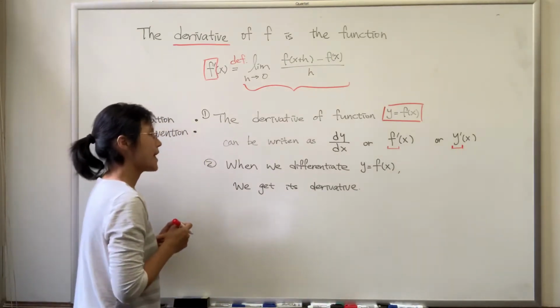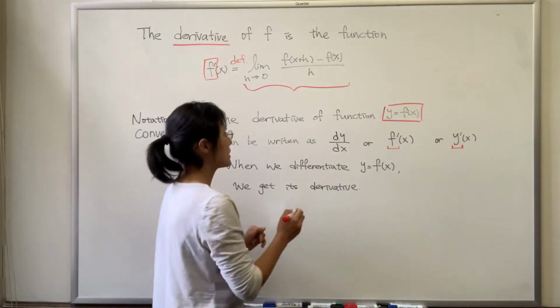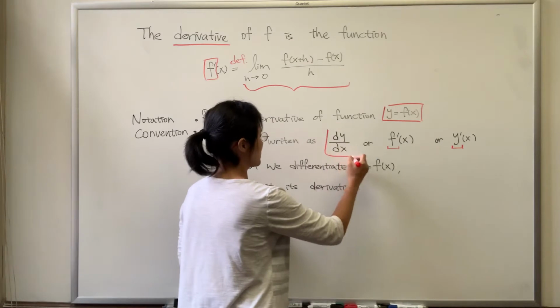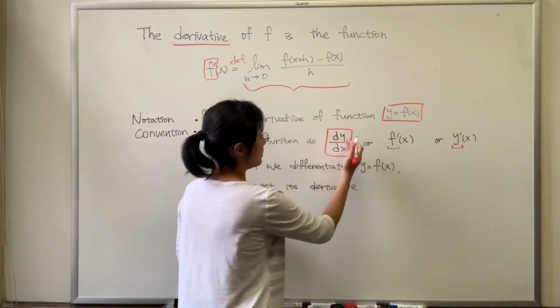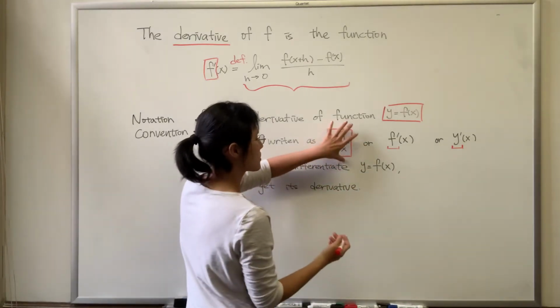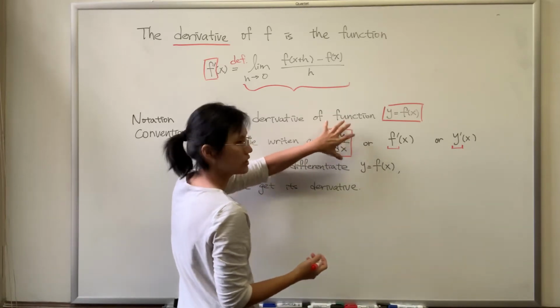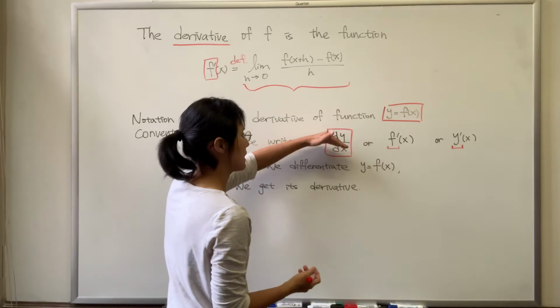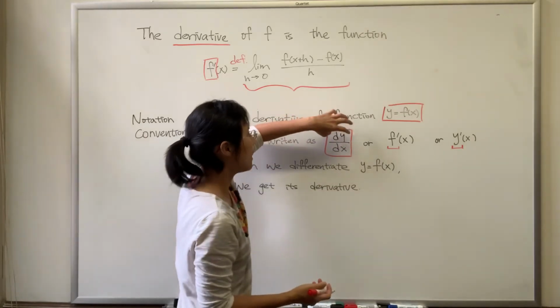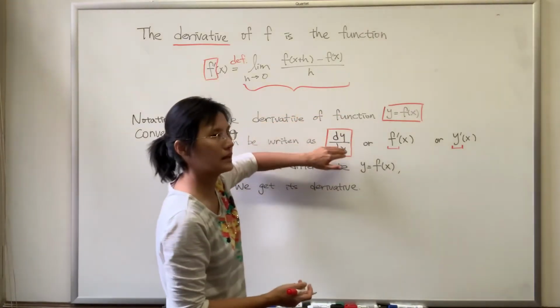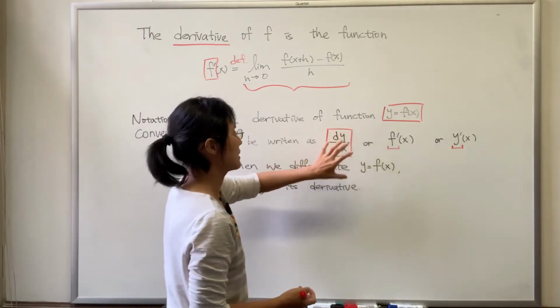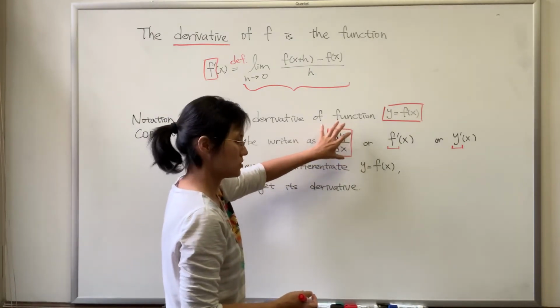Okay, and we can also have another expression like dy over dx, but this whole thing is like one piece of notation. It's not like division. It's not like you have the dy divided by dx. No, this is like one piece.